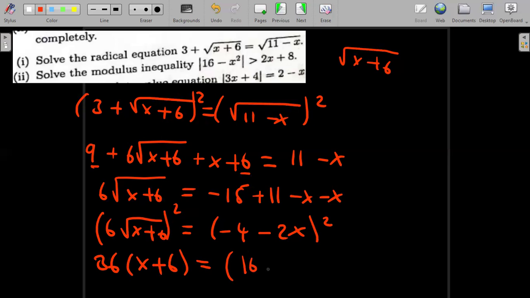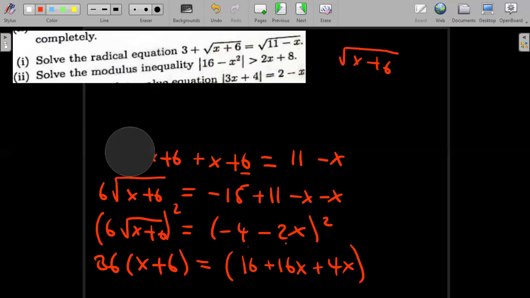Then negative 4 by negative 2x gives you positive 8x, and again, that will be plus 16x. Then you have plus 4x squared. So now, at this stage, you can group the like terms.